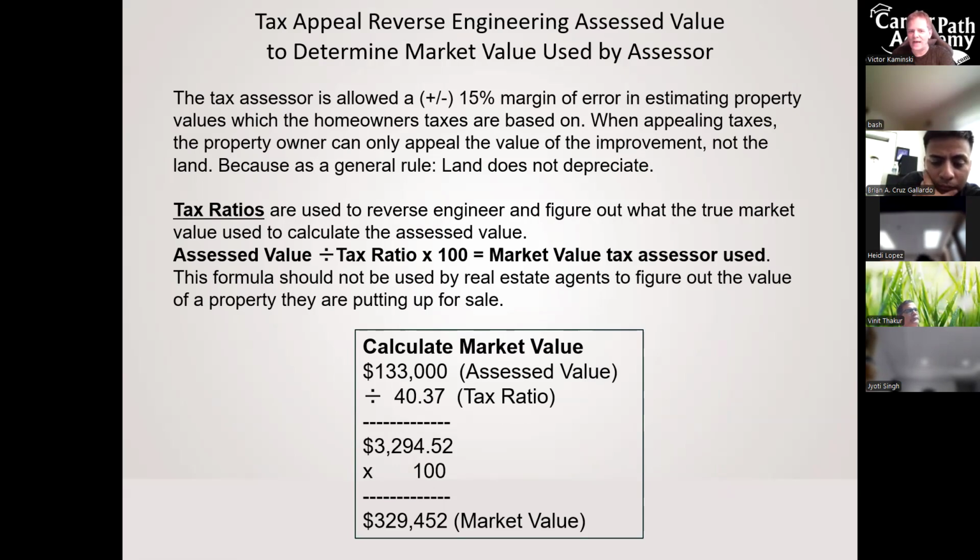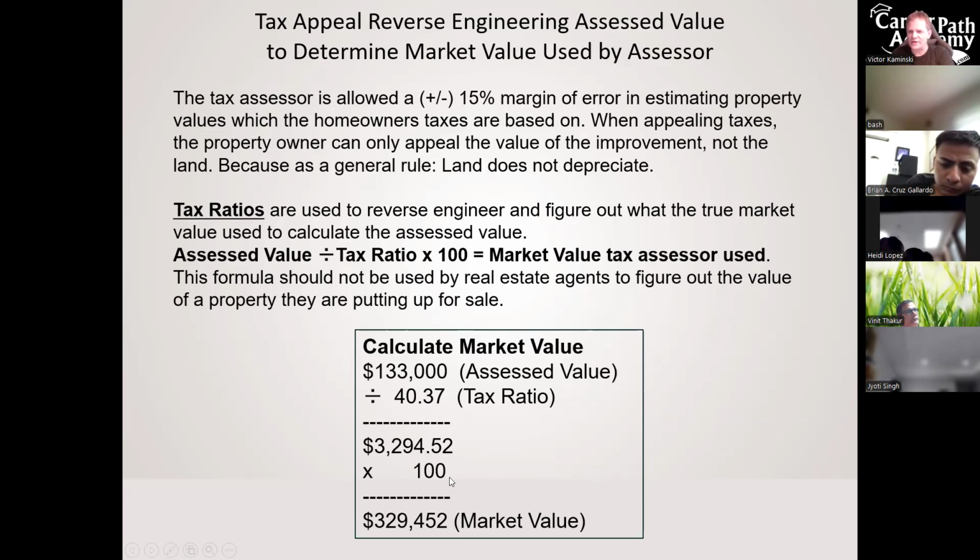property to be valued at, in this example, this is an actual tax record that I pulled up, $133,000 of assessed value. In this instance, the tax ratio was 40.37, which we found through the tax record search. You divide it by that tax ratio, and you get $3,294.52.